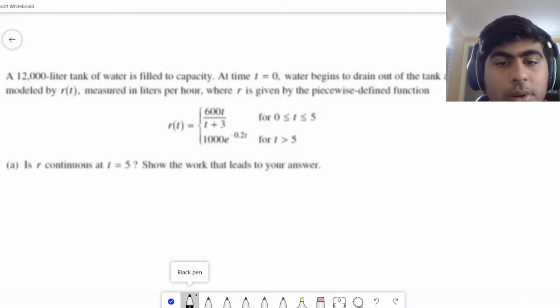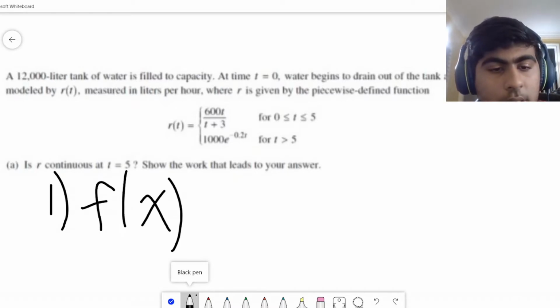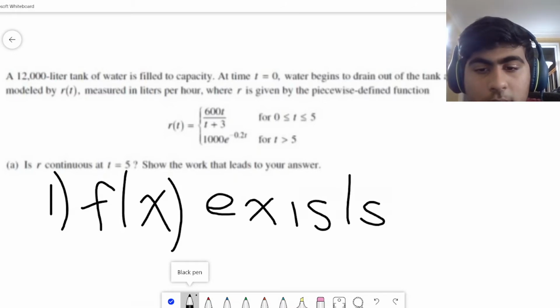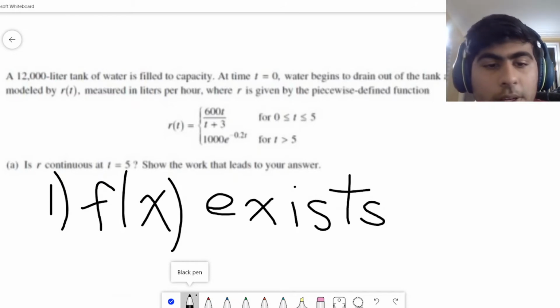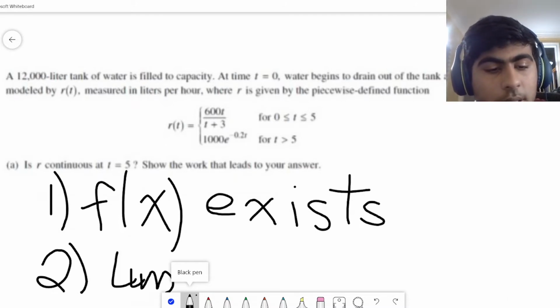Now, let's remember our definition of continuity. We had three criteria. Our first criterion was that f of x exists, or in this case, R of t. Like, it's an actual value. Our second criterion was that the limit of f of x exists.